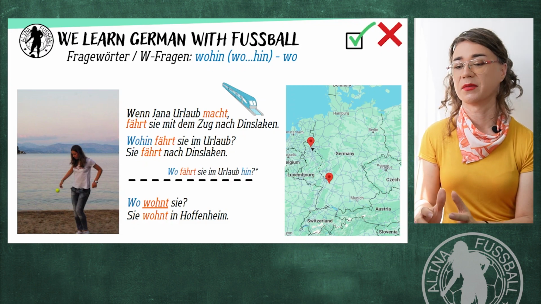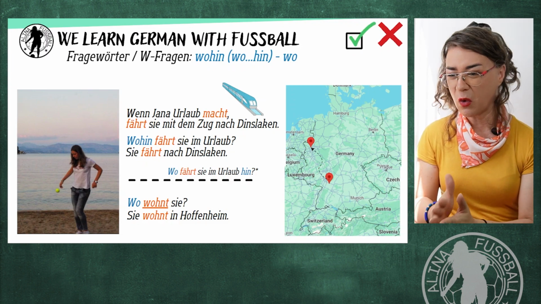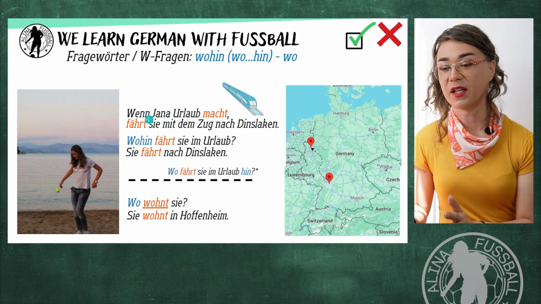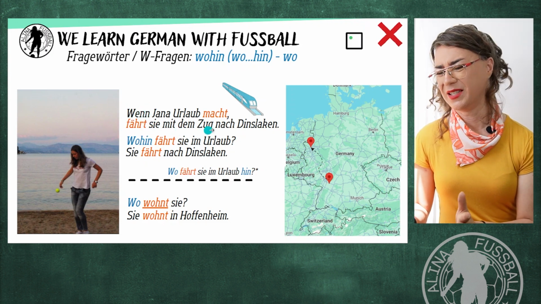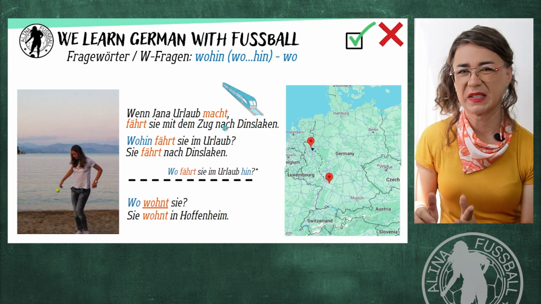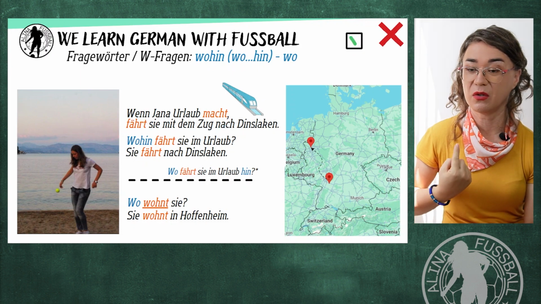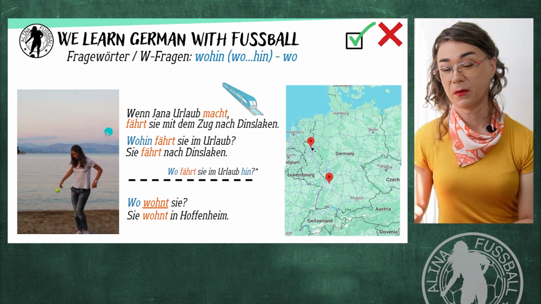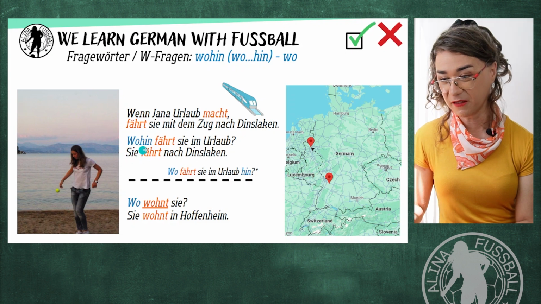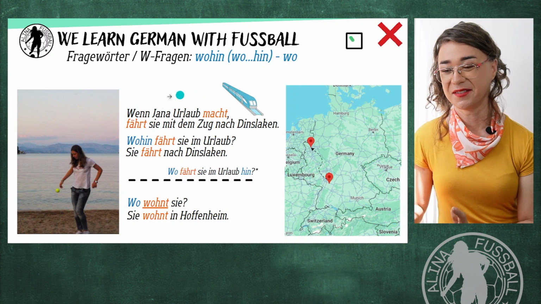So that's the intention. If you don't get, for example, the use of the verb fährt, mit dem Zug, what's that? You can check the previous video in which we talk about the use of those verbs. For the sake of understanding the use of the Fragewort wohin, well, we got this information.